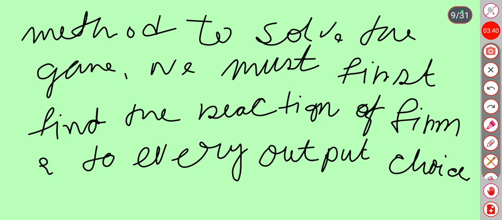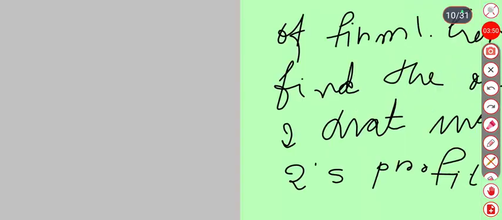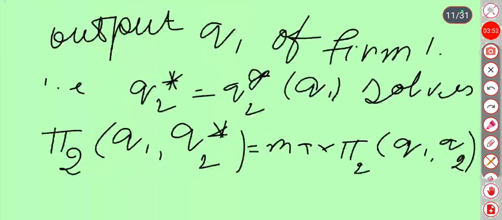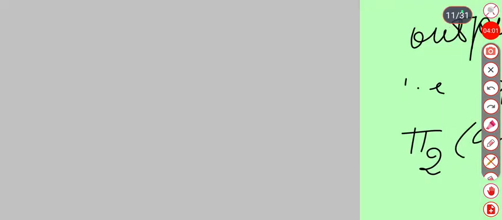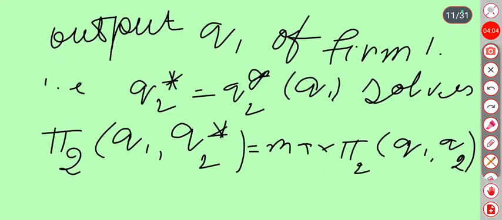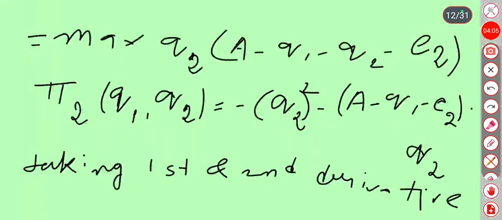Now come to the profit function of firm 2. Firm 2's profit pi 2 (Q1, Q2 star) is the maximum of pi 2 (Q1, Q2), that is, maximize Q2 times (A minus Q1 minus Q2) minus C2, the cost of firm 2.